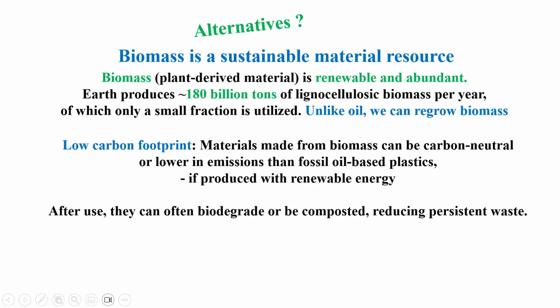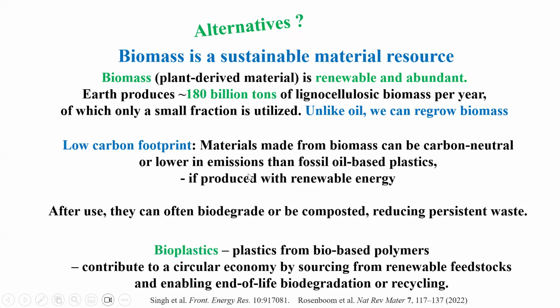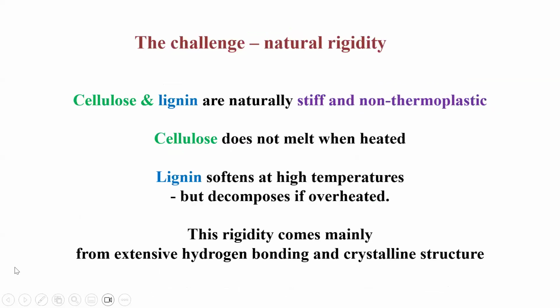And after use, they can often biodegrade or be composted, and this will certainly reduce the waste. And there are already different types of bioplastics, which contribute to a small-scale circular economy and so on.